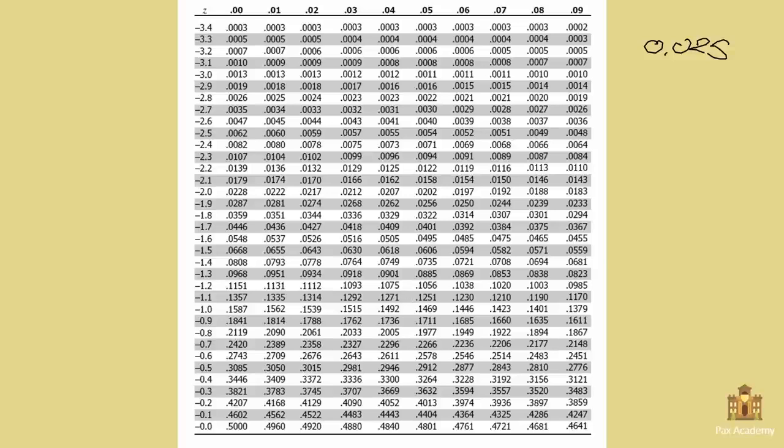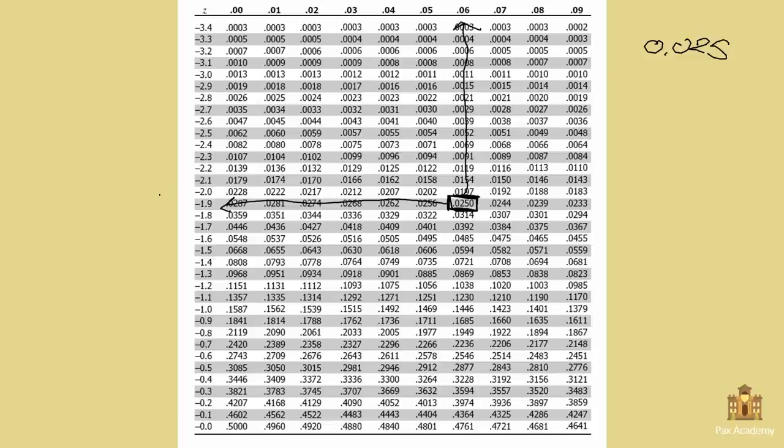So let's look for 0.025. As you might have seen, 0.025 is this value here. So what we need to do now is go horizontally and also vertically.